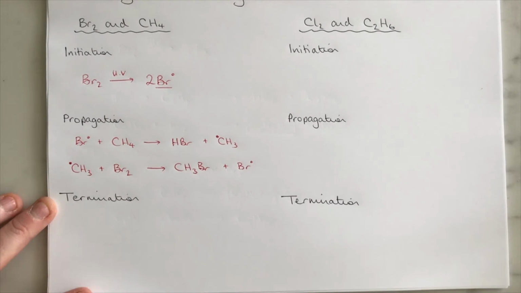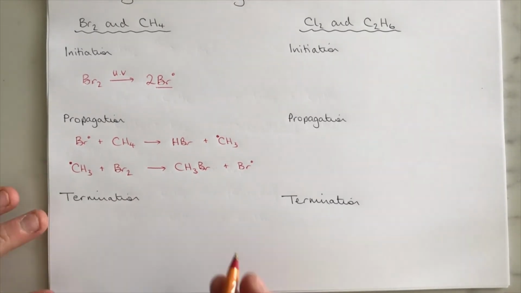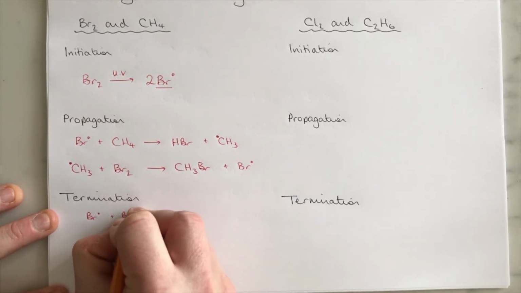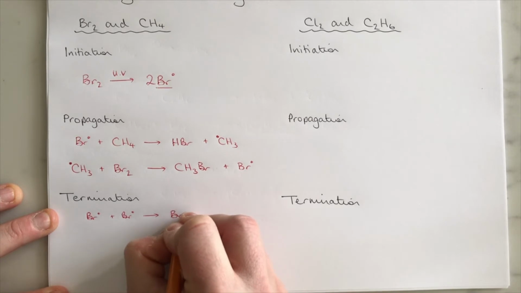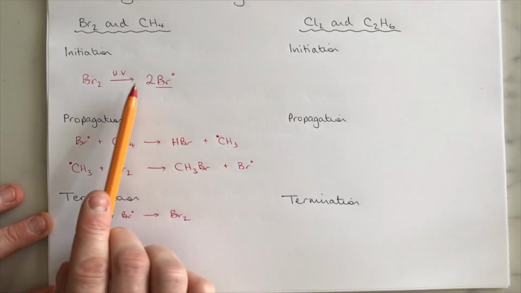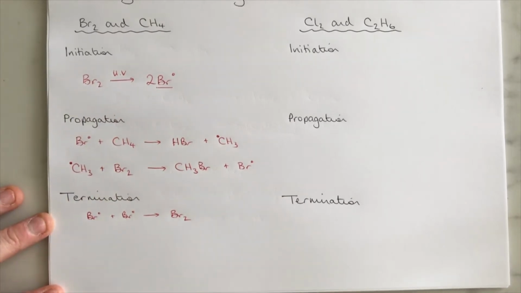Okay, the termination steps then. So this is just where we pair our radicals back up in all the different combinations. So it could be that a bromine radical pairs up with a bromine radical to form Br2. Of course, we don't want this one to occur because all you're doing is ending up with the starting material that we began with.